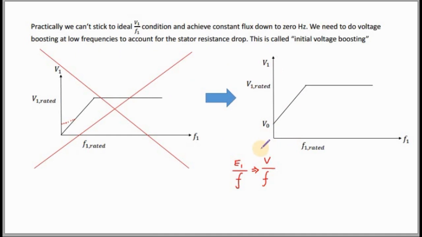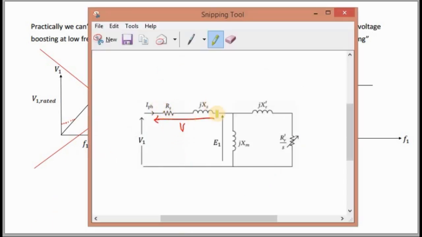As you all know, we have neglected the stator voltage drop in the previous slides. If you take this one, we assumed V1 is equal to E1, and then we simplified the situation.